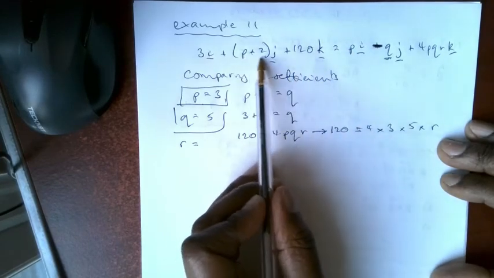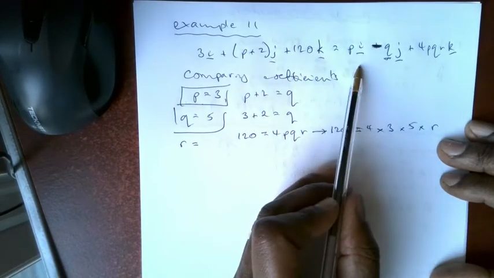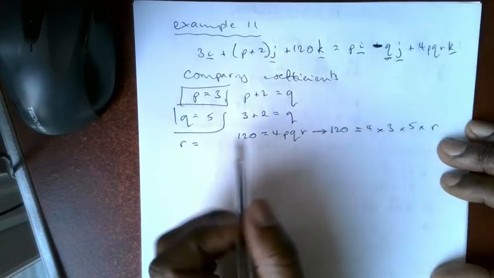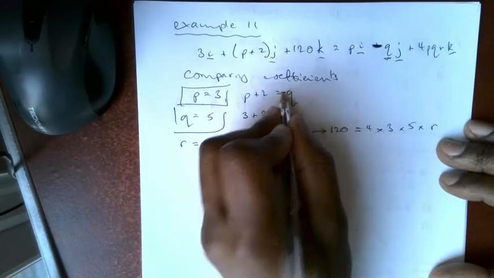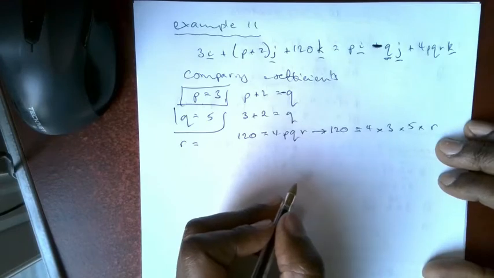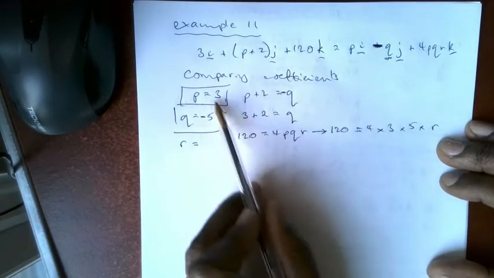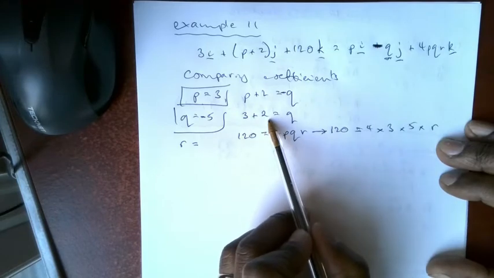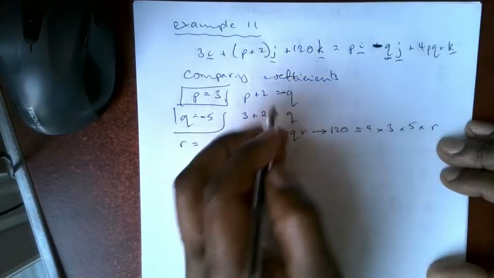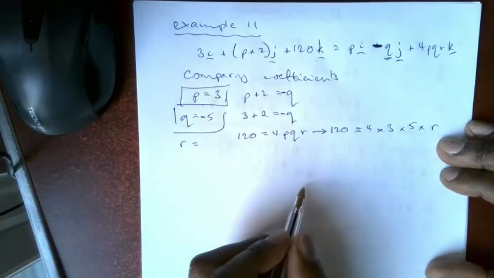Second one, I've got P plus 2 in front of j, and then I've got negative Q here. So P plus 2 equals negative Q, which means that Q then is negative 5, because P is 3 there, plus 2 equals negative Q, so Q is negative 5.